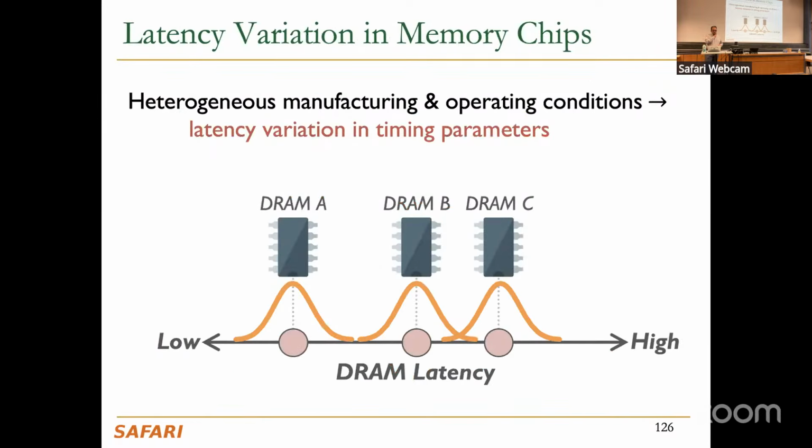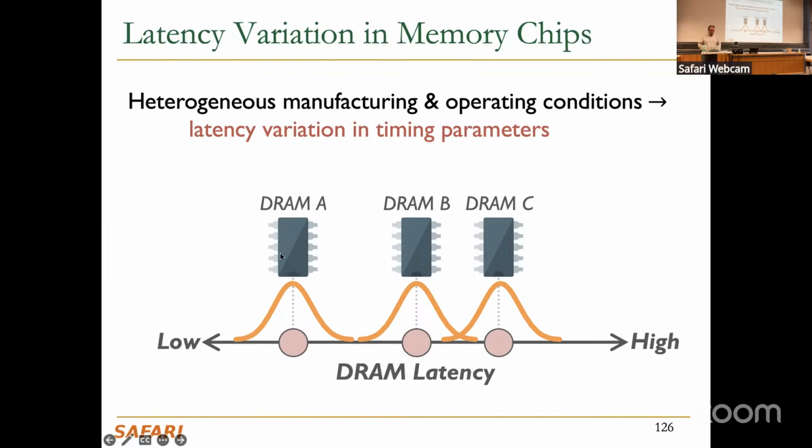Okay. So we have latency variation in memory chips. This heterogeneous manufacturing and operating condition that causes latency variation in timing parameters is very similar to refreshing. Because of the process variation, you're going to have heterogeneous latency in your system. So here is the DRAM latency, which can be low or high.